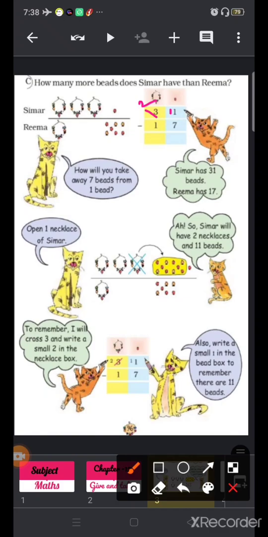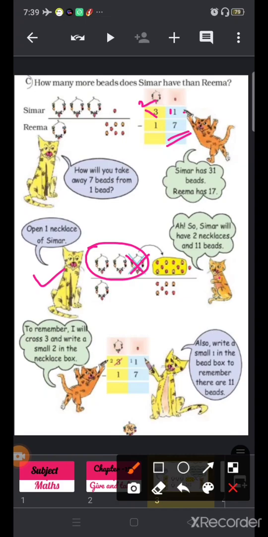Here, what are these cats saying? Let's read. How will you take 7 beads from 1 bead? Because 1 is smaller than 7. So, open one necklace of Simar. Simar has how many necklaces? 3. So the cat said, open one necklace. If the cat opens this necklace, one bead will go to the next side.